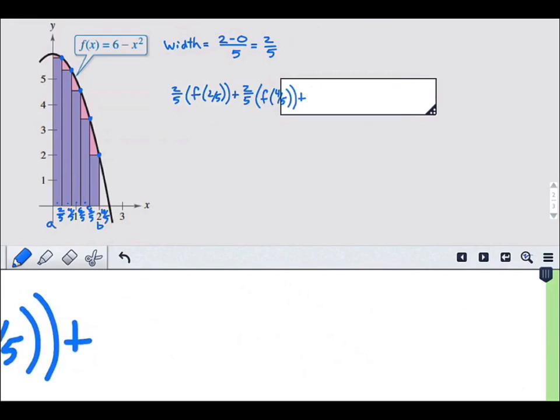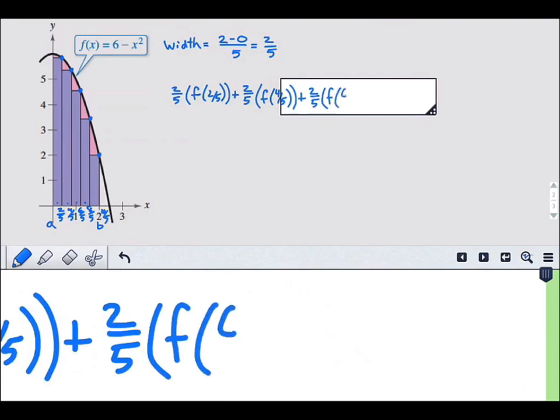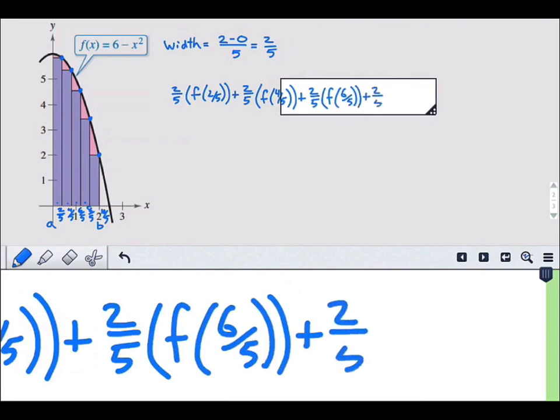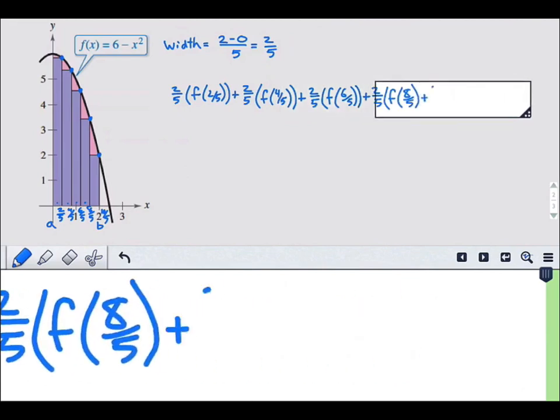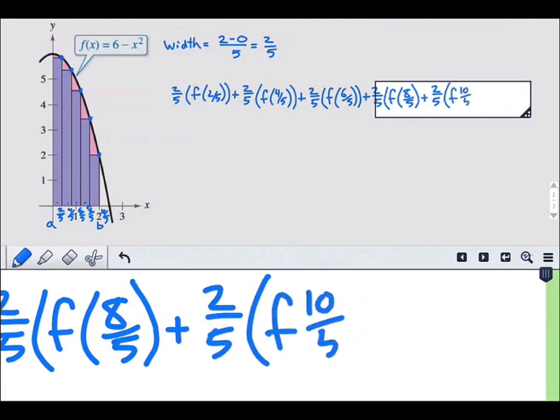For our third rectangle, the same width times the height f of 6/5, plus 2/5 times the height of the next rectangle, f of 8/5, plus 2/5 times the height of our last rectangle, f of 10/5.